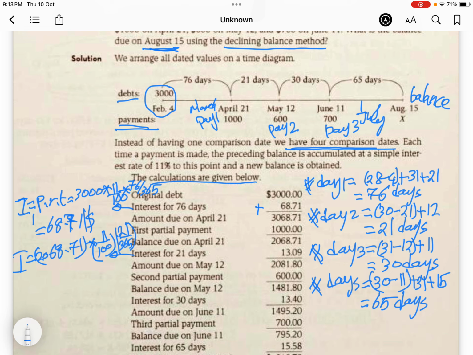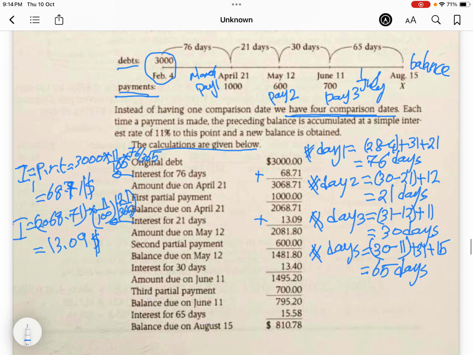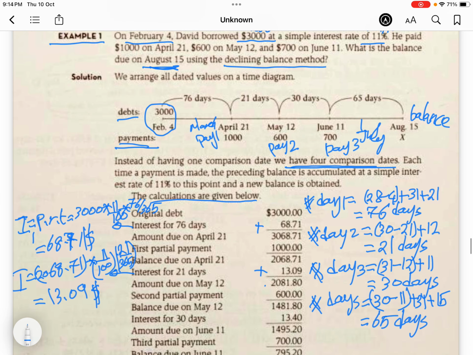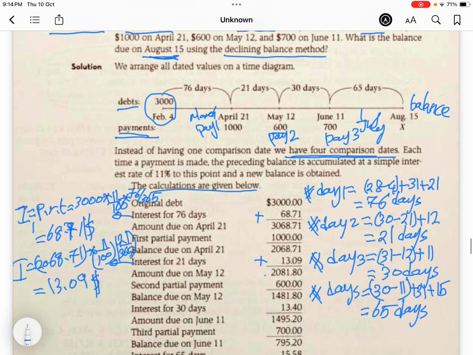It will be approximately $13.09. Add it to 2,068.71, then subtract the second payment of 600.